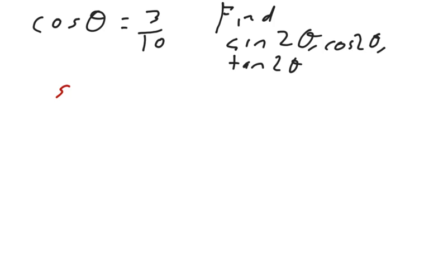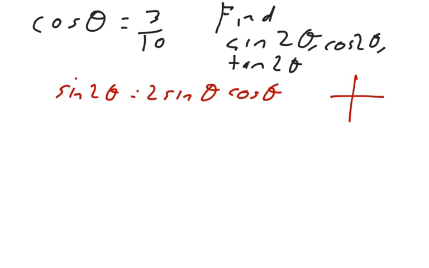Alright, the formula for sine 2 theta is 2 sine theta cosine theta, and we have cosine theta. We'll do this in quadrant 1 since I didn't put it in there before. We got 3 over 10, and we got 3 squared plus b squared equals 10 squared.